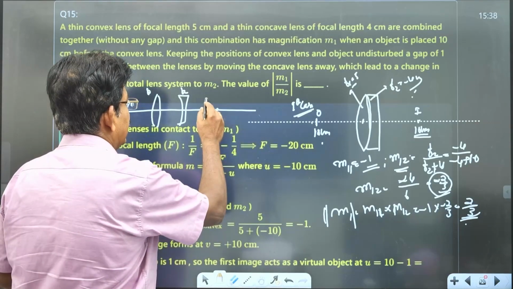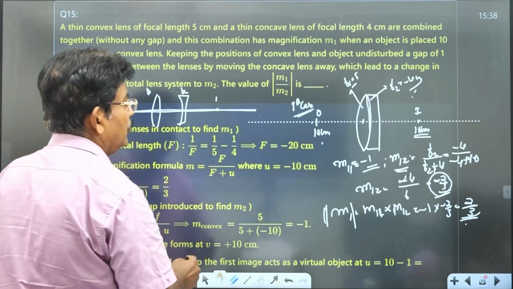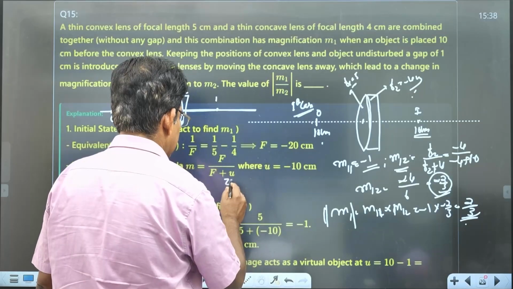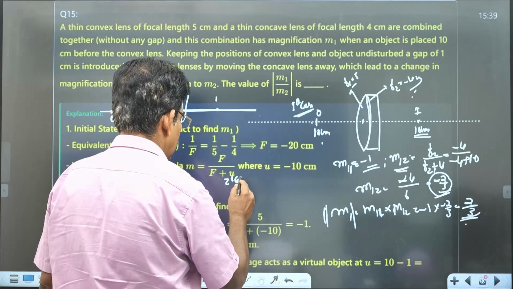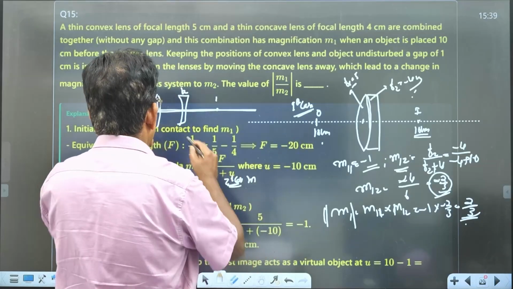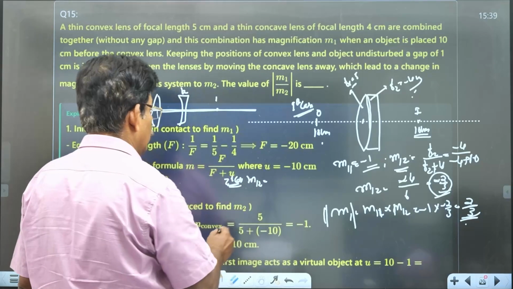In the first case, M1. Here I will write. Second case, magnification due to the first lens, that I write M1 in second case, M12.